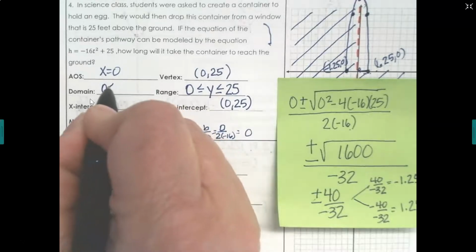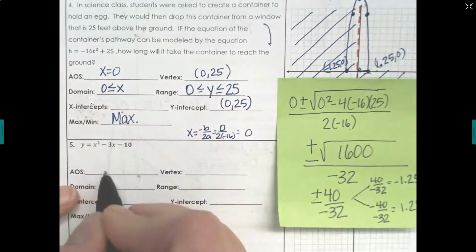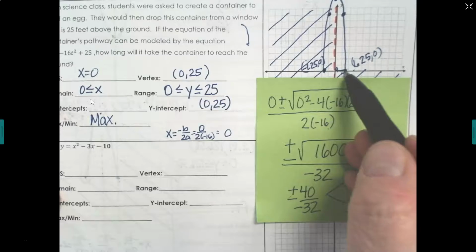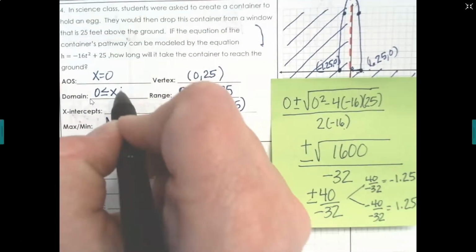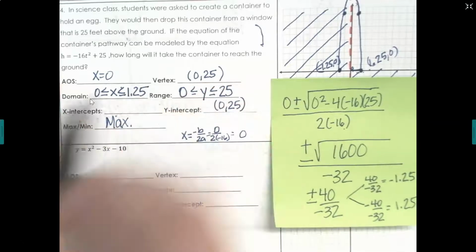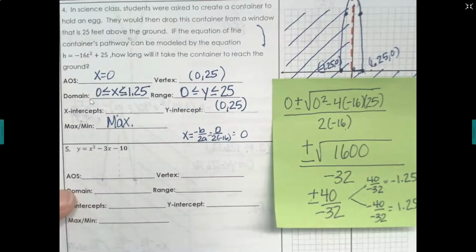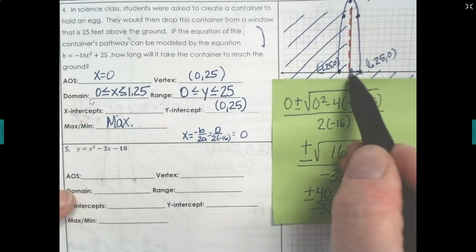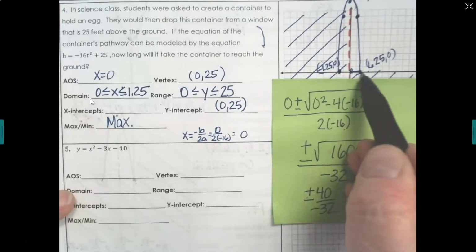We're talking about x values. So 0 is going to be less than or equal to x, and we don't go past where the egg is going to hit the ground at 1.25. So x is going to be less than or equal to 1.25. Okay, so this is the whole domain from the origin to right there.